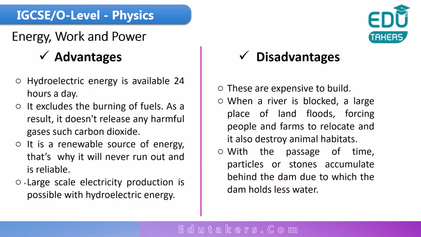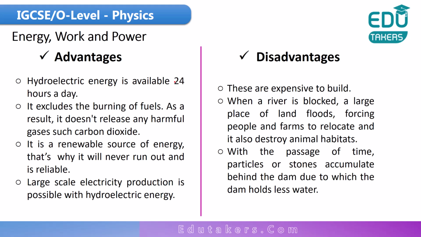There are some advantages and disadvantages for obtaining the energy from hydroelectric power. First advantage is that hydroelectric energy is available all the time. You can obtain the energy by this all the time.